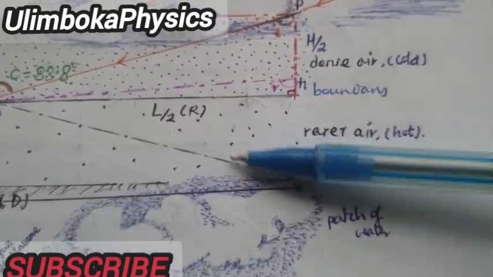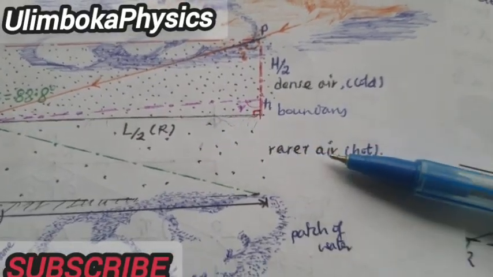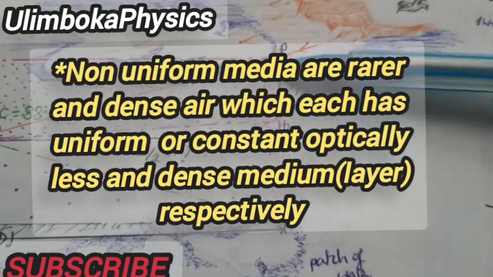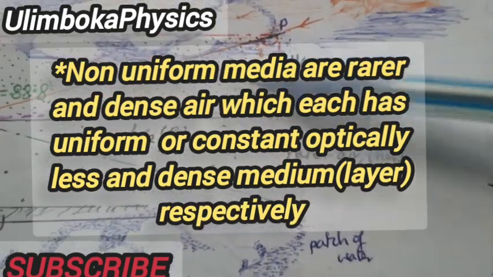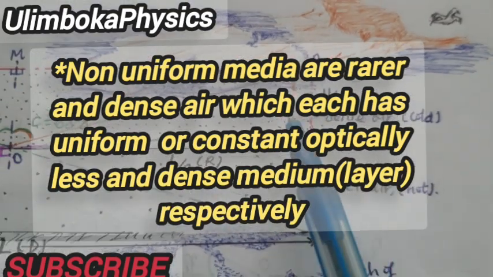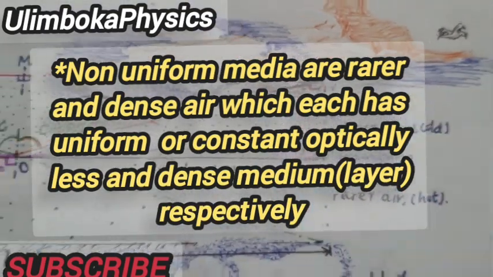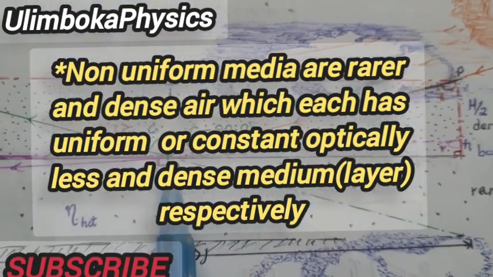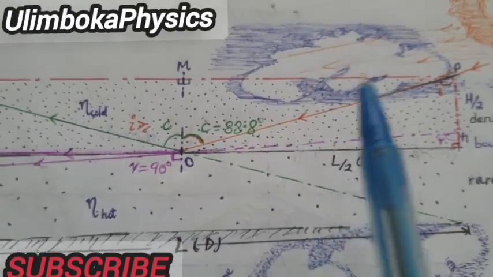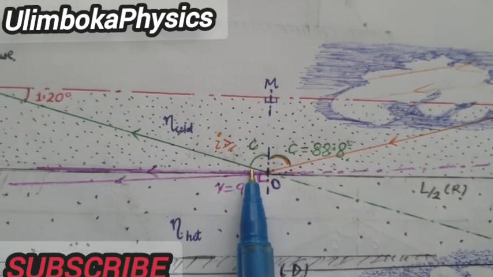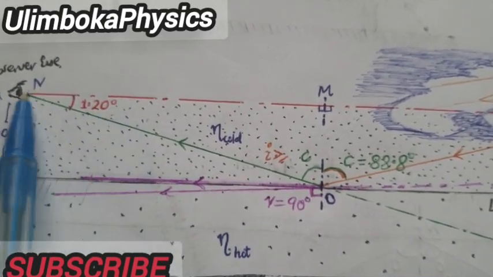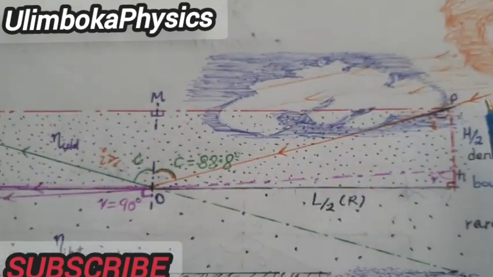For rare media, which is constant media, which is hot, and for dense media, which is a constant layer, which is cold. This is a non-uniform layer, and this is another non-uniform layer, which is hot for rare air and for dense air. From this concept, we know that point O is where total internal reflection will take place, and the ray will be straight at an angle of 1.2 degrees from the line of sight NP.